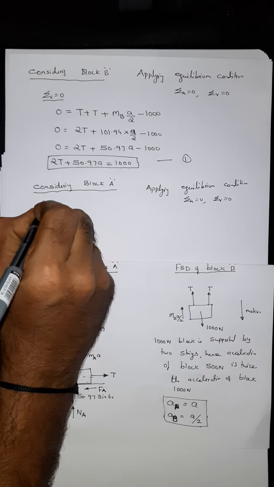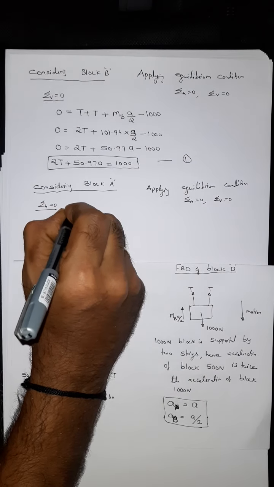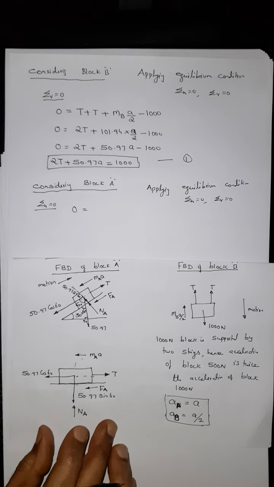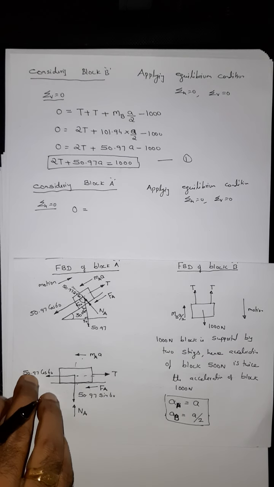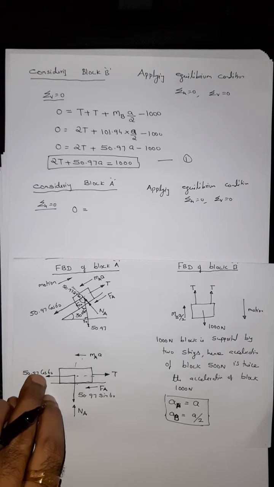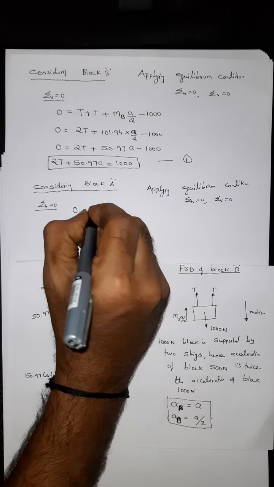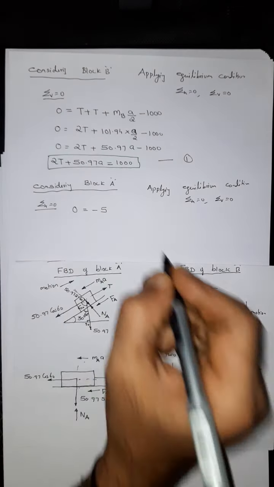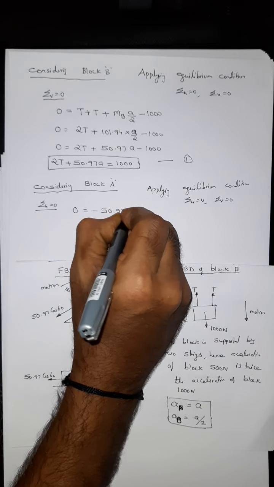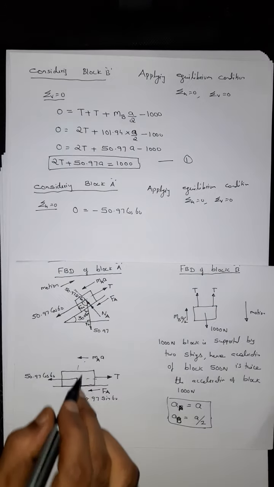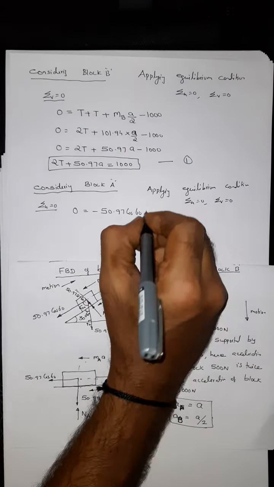At first I am going to resolve the horizontal forces. 0 equal to, the horizontal portion of the weight is acting in the negative direction, so it carries a negative sign, 50.97 into cos 60. The inertia force is also acting in the negative direction, MA A. T, the tension, is acting in the positive direction. FA is acting in the negative side.